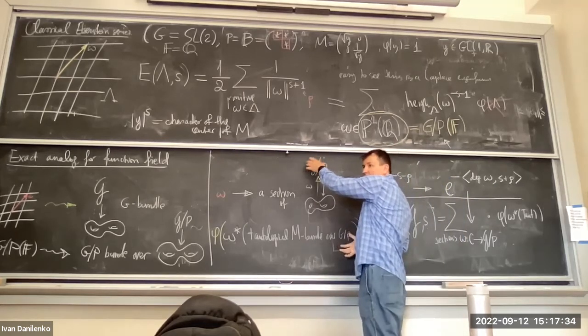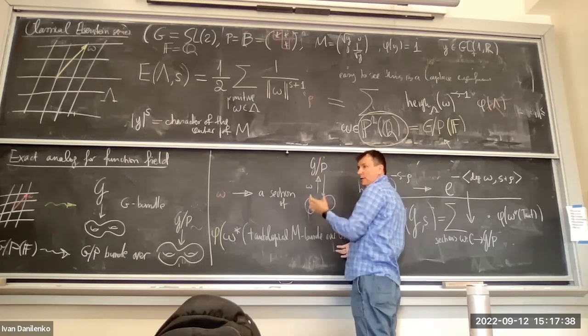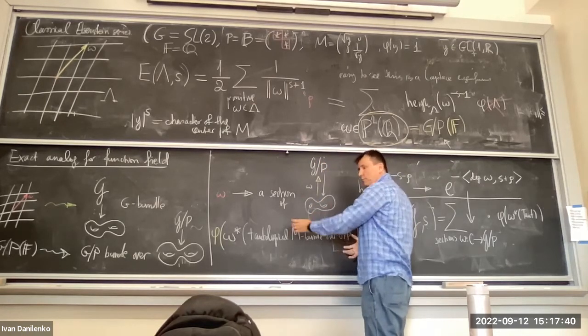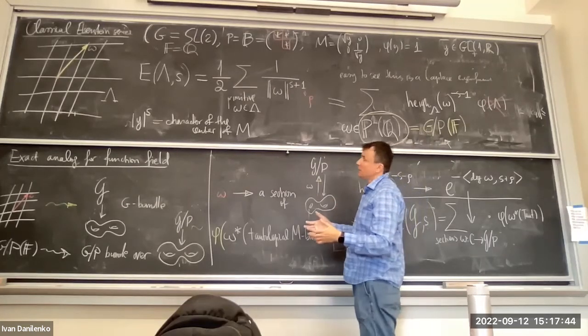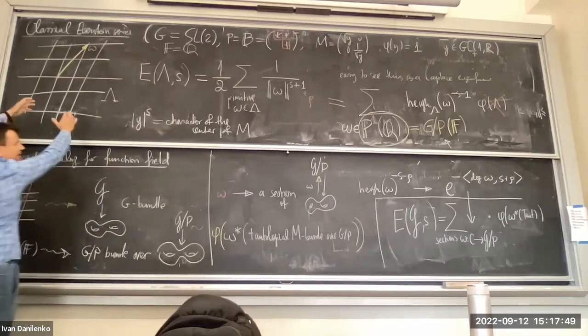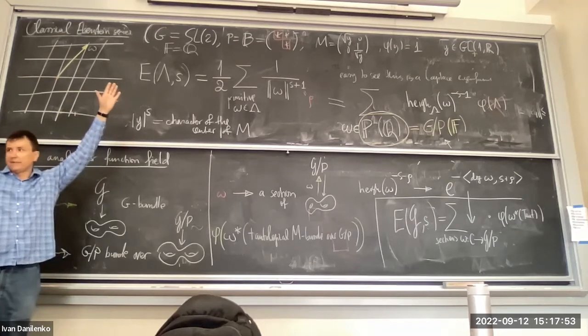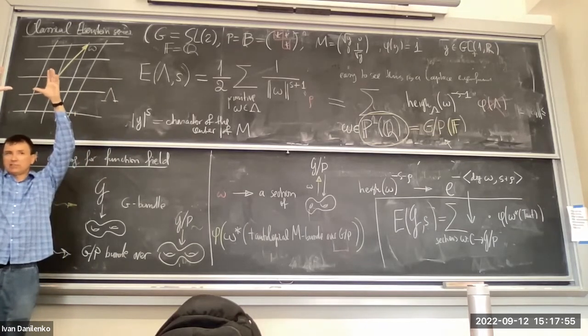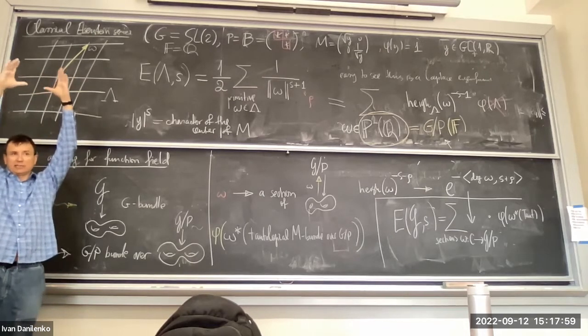You can pull that bundle back and get an M bundle, which means you can evaluate the function on that point. In this situation you degenerate, but some parts of it are of smaller rank, so you have a way to have a function of smaller rank.